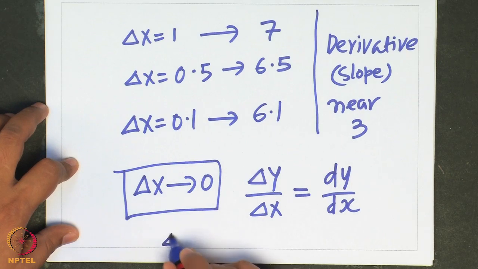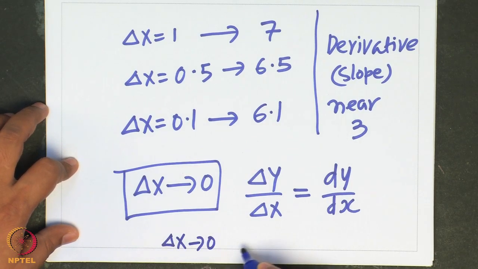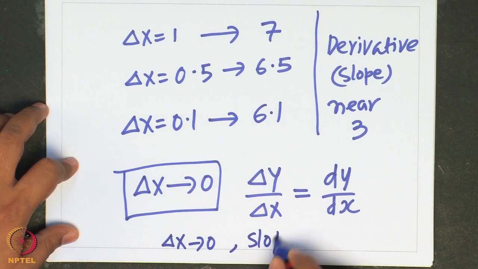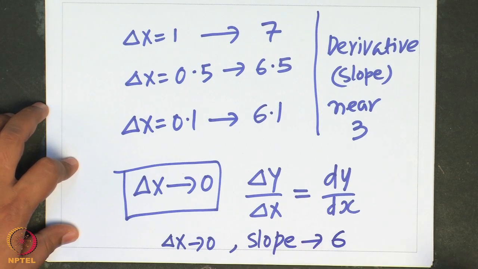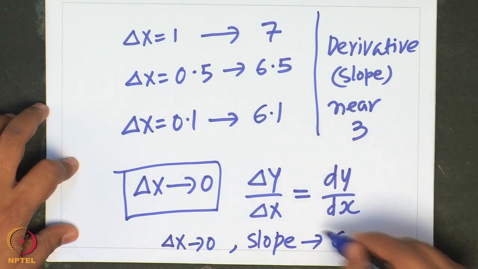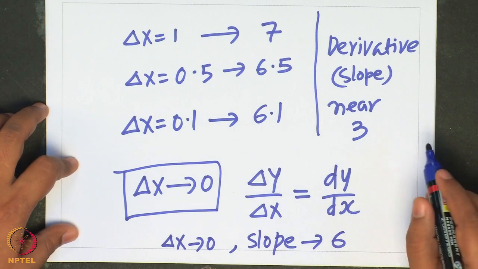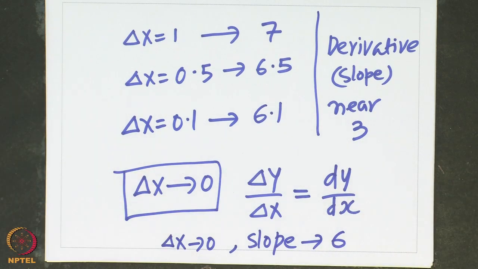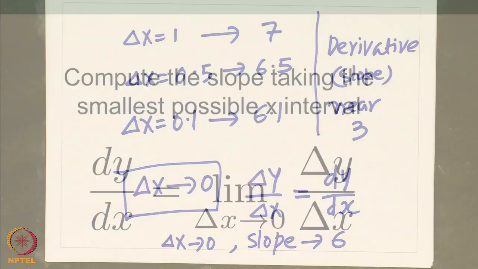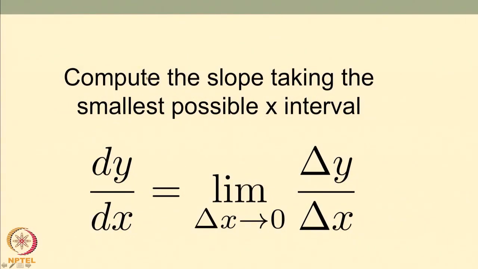So as delta x goes to 0, the slope near 3 will go to 6. This is how one defines it mathematically: compute the slope taking the smallest possible x interval. That is the definition of a derivative. This is the mathematical definition.